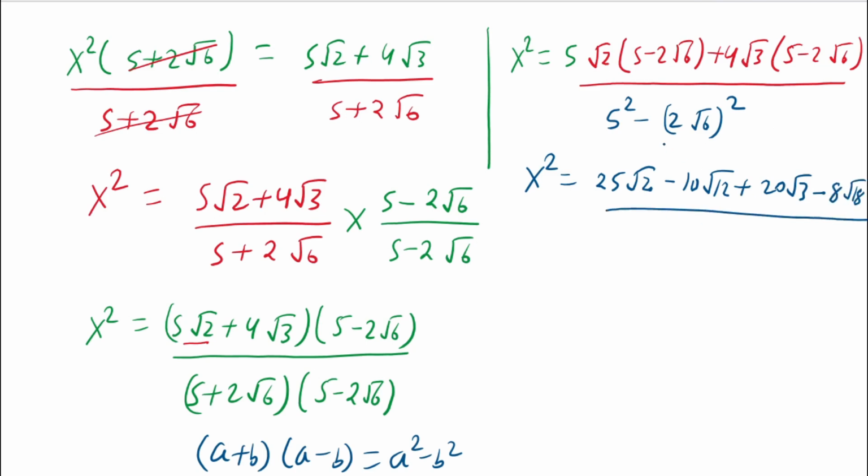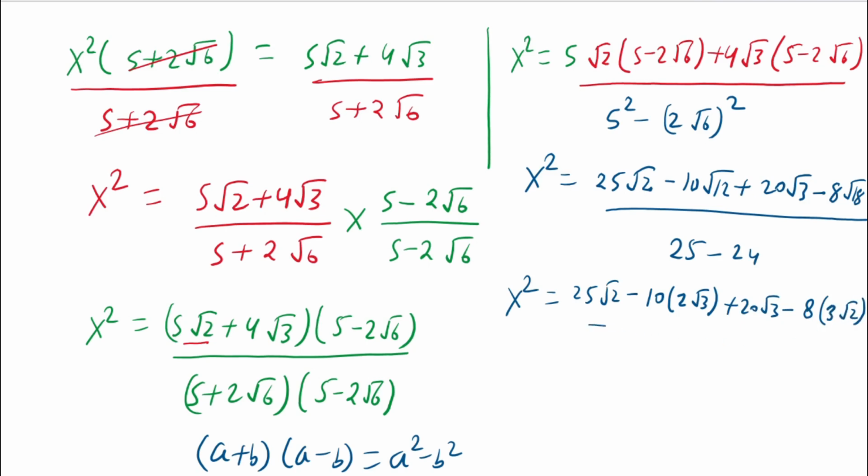The denominator is 5 square, which is 25, minus (2 times square root of 6) square, which is 24. So x square is equal to 25 times square root of 2 minus 10 times square root of 12, and we know that square root of 12 is 2 times square root of 3, plus 20 times square root of 3 minus 8 times square root of 18, which is the same as 3 times square root of 2, divided by 25 minus 24, that is 1.